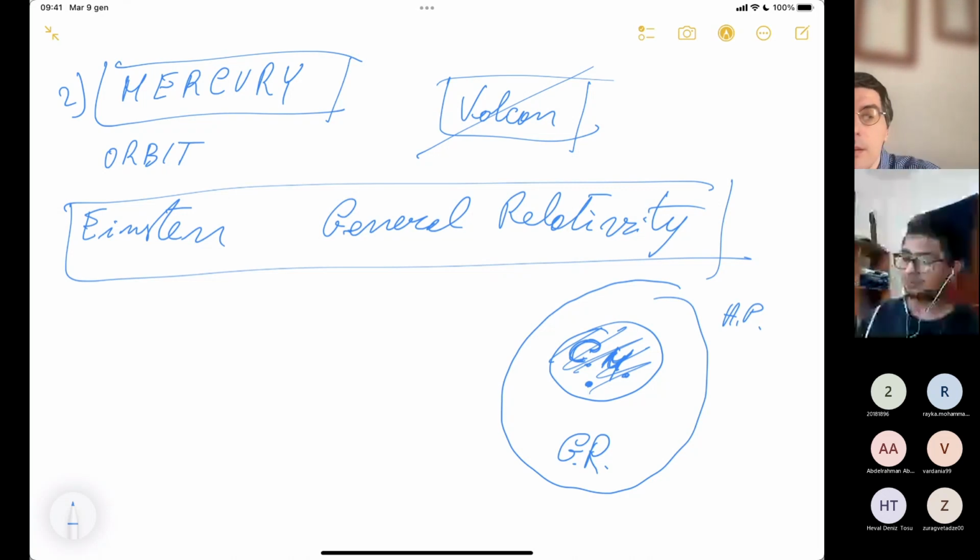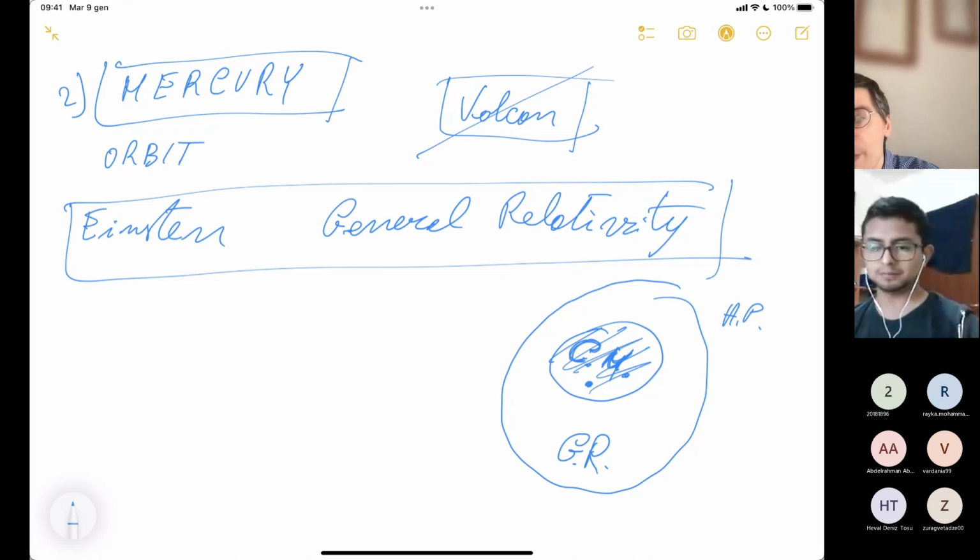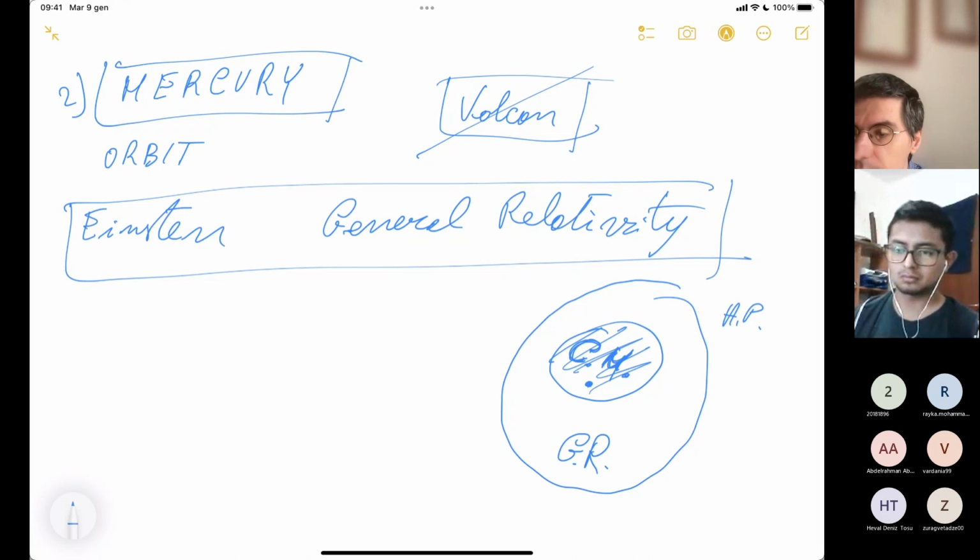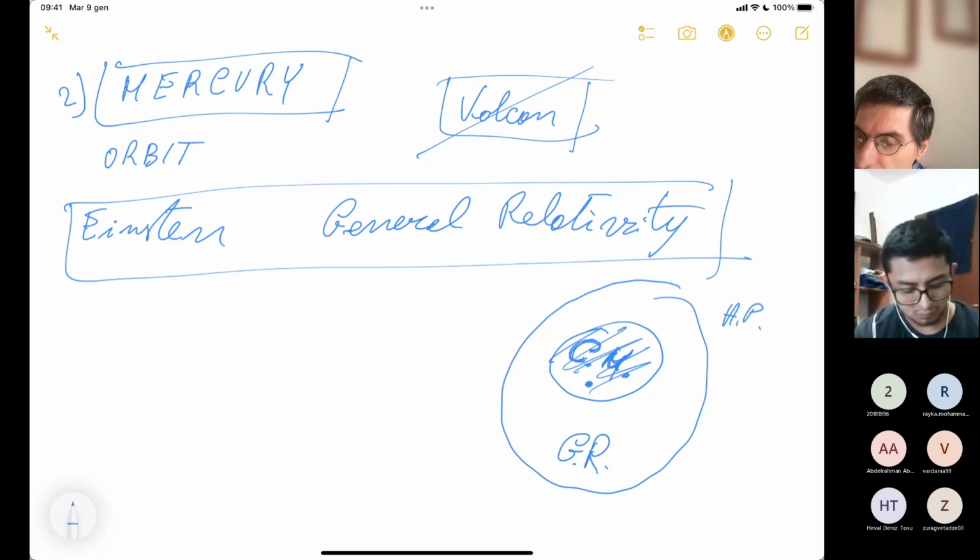When we must study Mercury, the hypotheses of classical mechanics are not satisfied, so we switch and change the model that we use, and we will use general relativity.